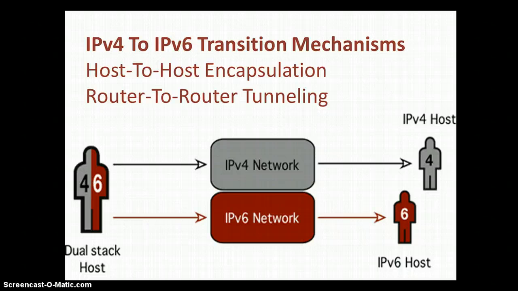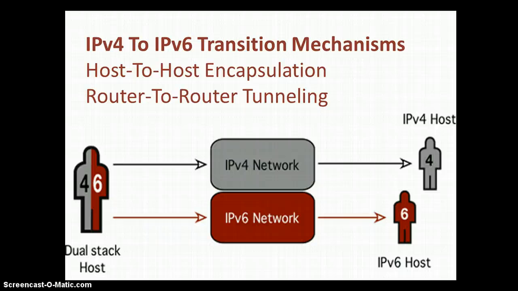So to summarize, in this project we presented the performance evaluation of IPv6 and the two transition mechanisms, namely host-to-host encapsulation and router-to-router tunneling, over a local area network using the Windows operating system. Here we summarize our major results.